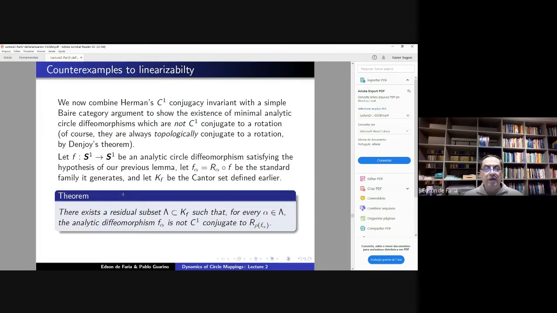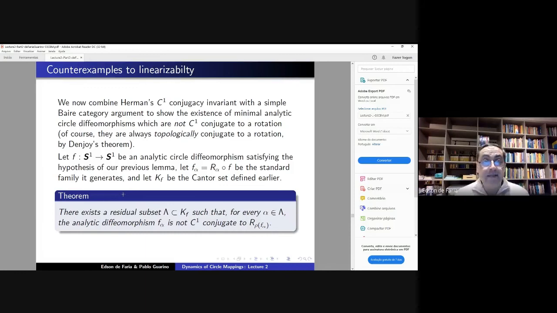Look at the Cantor set that was defined earlier, okay, as the complement of the union of the interiors of the mode locking intervals. The theorem states then that there exists a residual set of parameters inside this Cantor set, such that for every parameter in this residual set, the analytic diffeomorphism F sub alpha is not C1 conjugate to the corresponding rotation, the rotation with the same rotation number, okay?